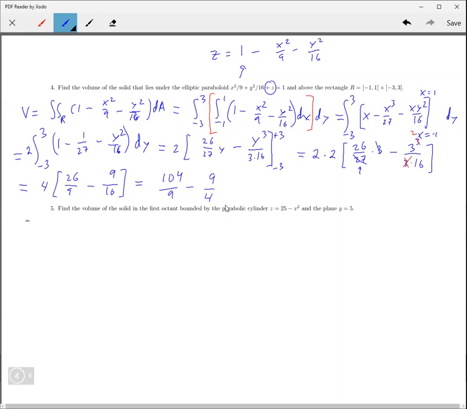If you distribute the 4 in, then you're going to get that. So you go for common denominators. Multiply this by 4, and that's going to be 416. Multiply this by 9.